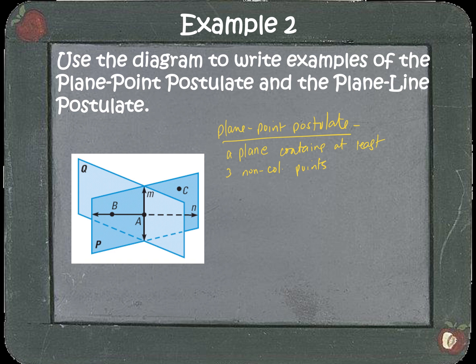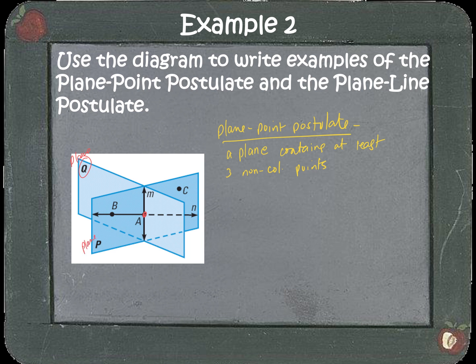I notice that what I've been given is plane Q, and plane Q doesn't really have a lot of points on it. The only point that's on plane Q is A. So I don't have enough information here to actually name three non-collinear points. However, plane P is a little bit of a different story.